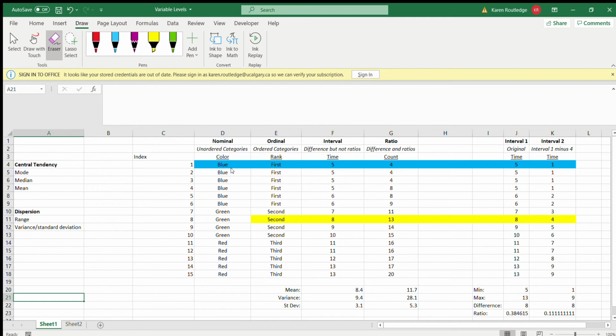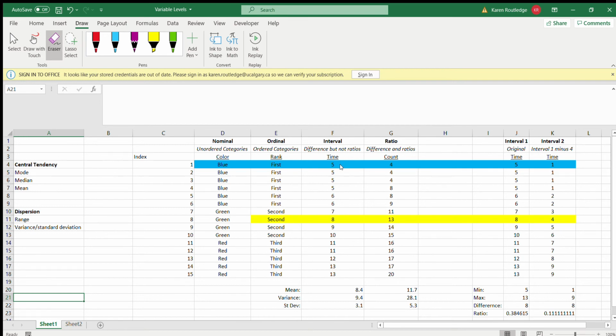So blue, the word blue, or the category blue, is the mode of this nominal level color variable. For our ordinal level rank variable, and I just came up with these names, the category, or the word, first appears more often than second or third. So first is the mode. It is the value that appears the most in the data set.